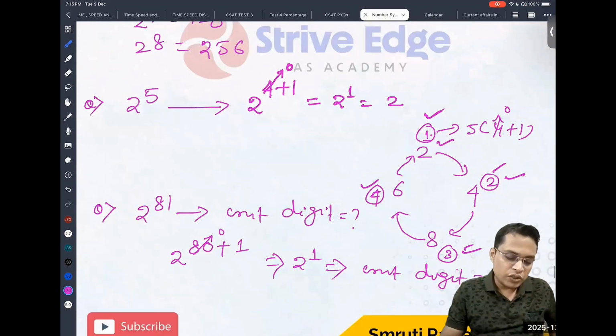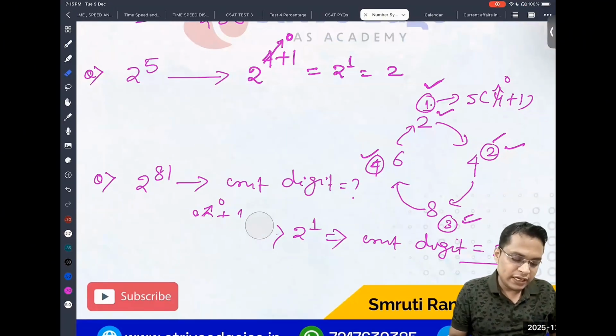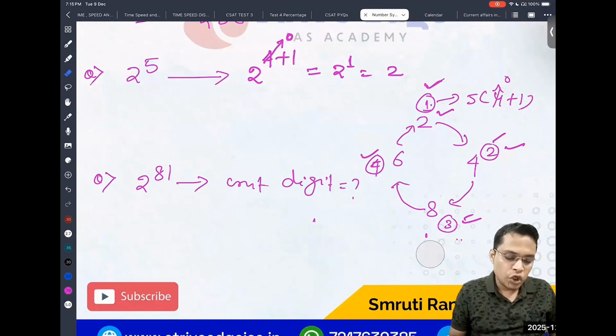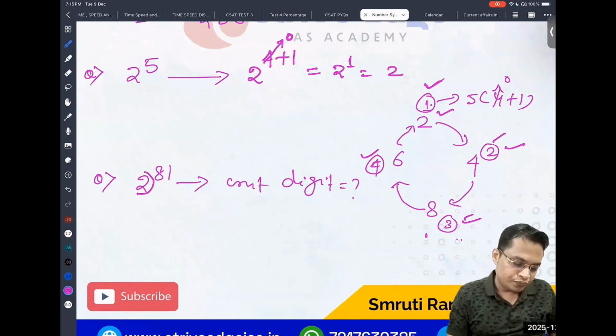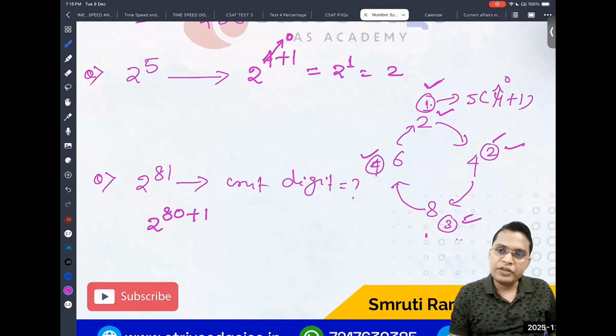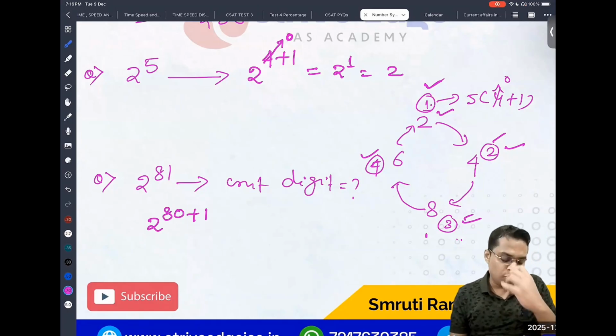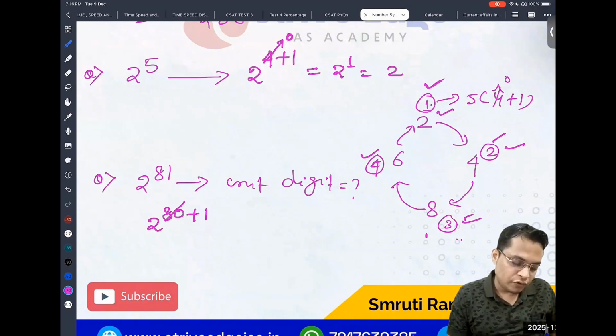One more question. Find the unit digit of 2 to the power 81. We know the cyclicity of the number 2 is 4, so we'll convert it into this format: 2 to the power 80 plus 1. We have to convert the exponent into a multiple of 4 plus something. This is a multiple of 4, so we eliminate it and get 2 to the power 1.